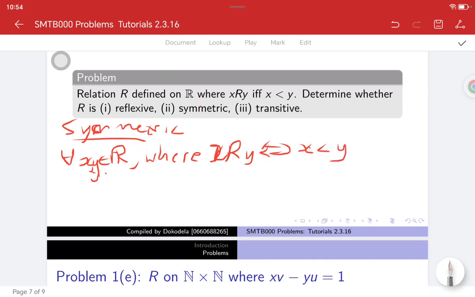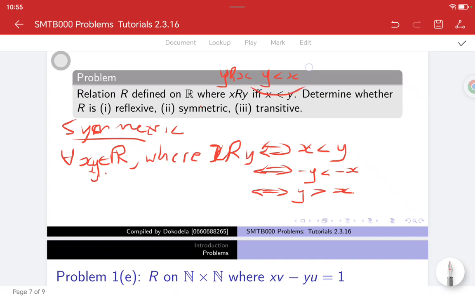So the aim now is to commute. Remember I said that for symmetric you always commute after writing the original definition, to see if we must get that y is less than x for this to be y related to x. Now let's see, when we commute, take y to one side, x to the other side, and then when we divide both sides by negative, we get that y is greater than x.